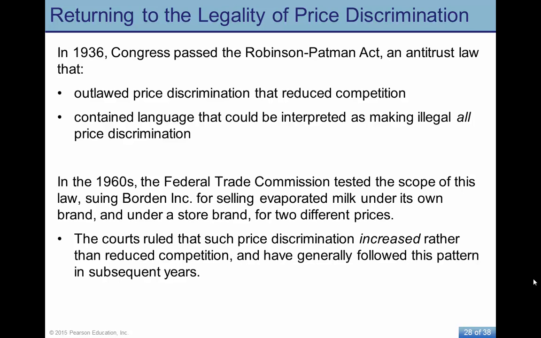In the 1960s, the Federal Trade Commission tested the scope of this law, suing Borden for selling evaporated milk under its own brand and under a store brand for two different prices. The courts ruled that such price discrimination increased rather than reduced competition, and have generally followed this pattern in subsequent years.